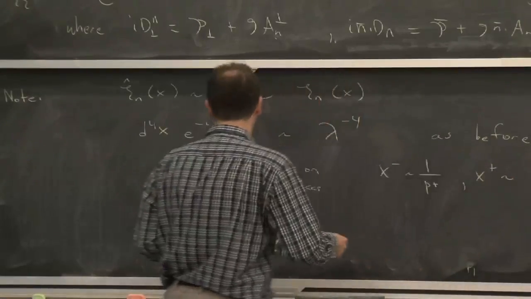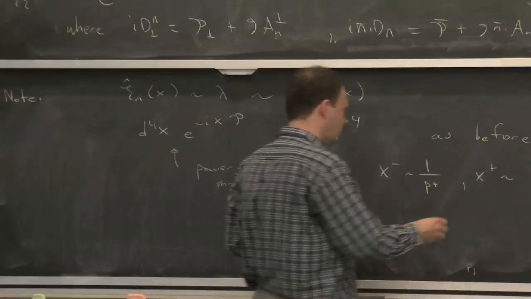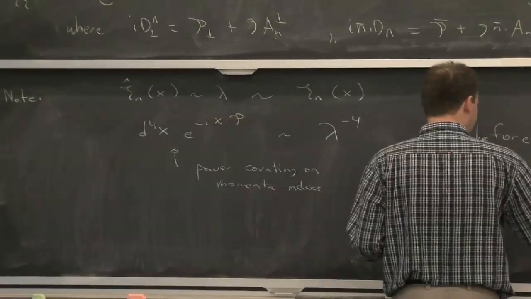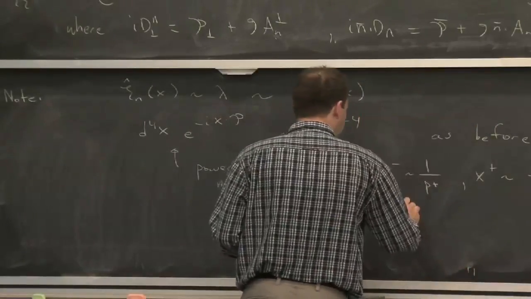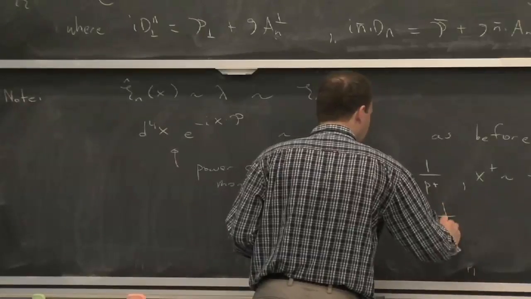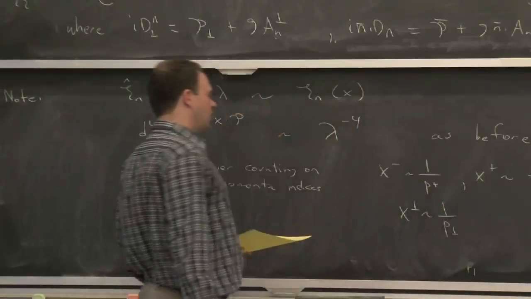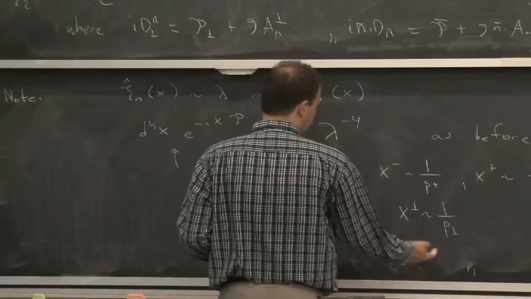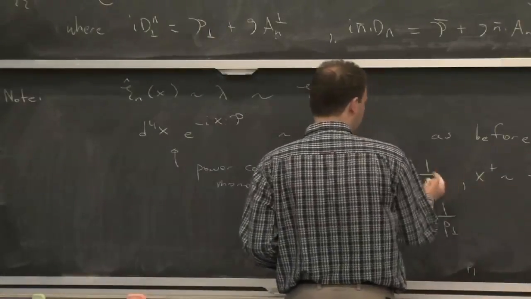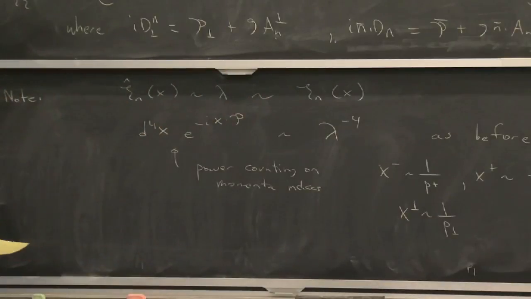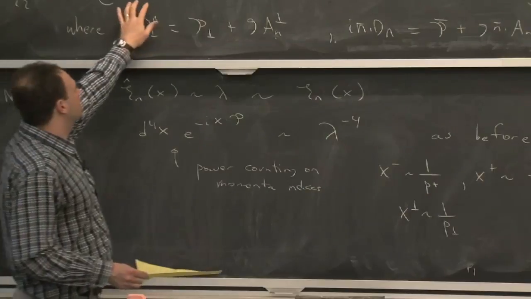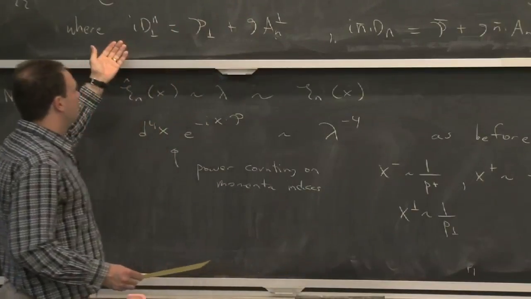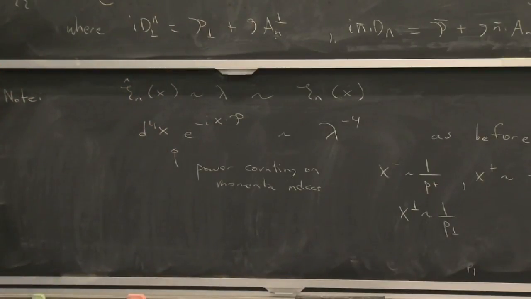Remember, in the dot product, it's always plus times minus. The confusing thing about light cone coordinates. And so if you count up the powers of lambda, you get minus 4 of them, because you get two here, none here, and then 2 there. So that's all going through as before. And then if you ask, what's the order of the Lagrangian? The Lagrangian density here is order lambda to the 4.